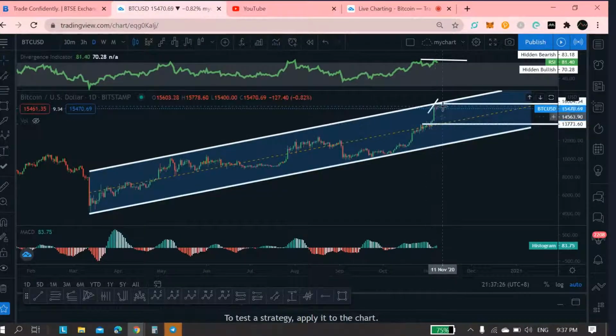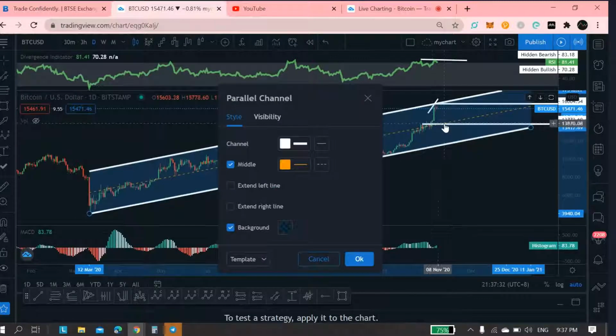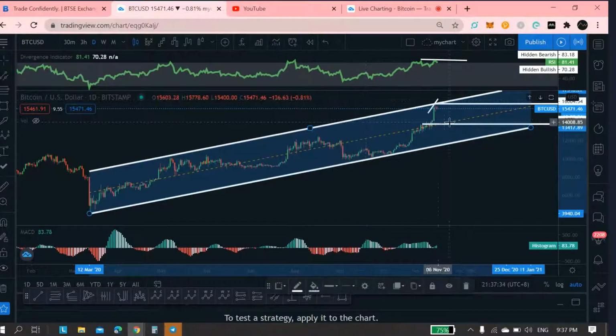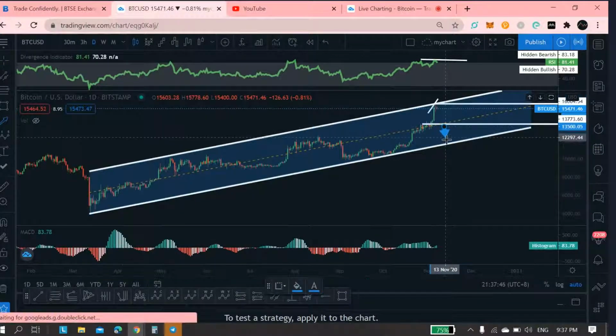So I expect it to pull back and possibly retest this middle line, or the orange line, or possibly this 13,000 area. If it breaks this 13,000 area, then possibly it will retest this area.